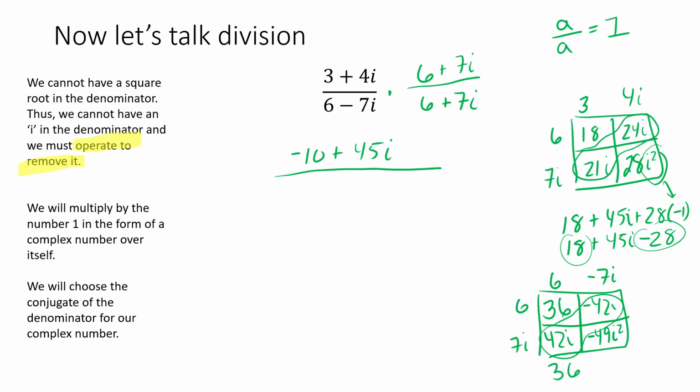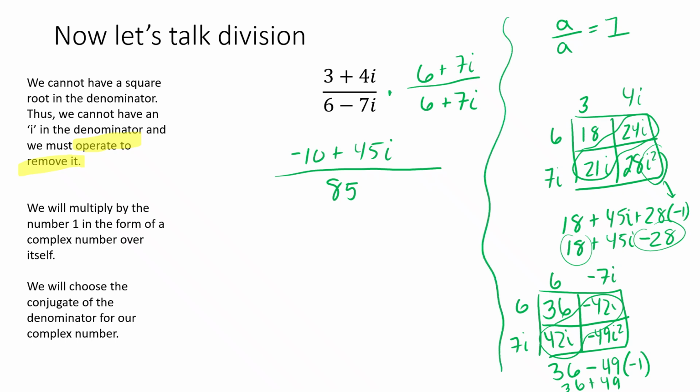So I have 36 minus 49, and remember that substitution, the i squared is -1, so essentially what we have there is 36 plus 49. Now I'm going to hop back over to the other problem, and I believe that is 85. Now, a lot of times this is the point when you're done. So there's a lot of scratch work over there.